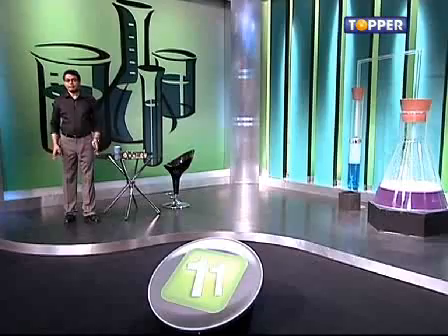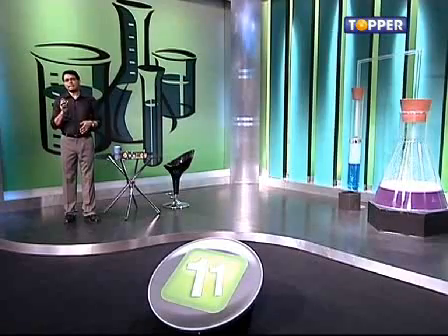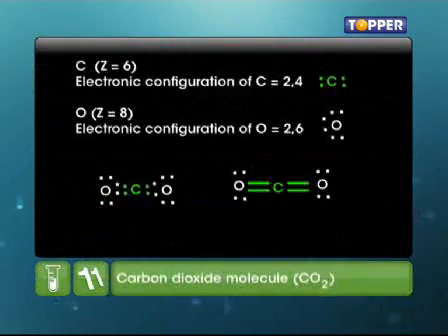Great! So let's take a look at the geometry and shapes of a few molecules and begin with how they are classified. Let's start with an everyday molecule like carbon dioxide.